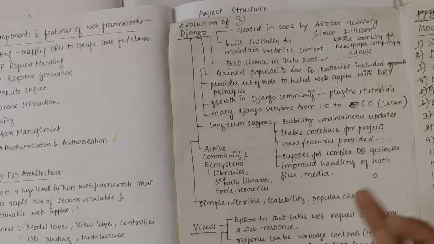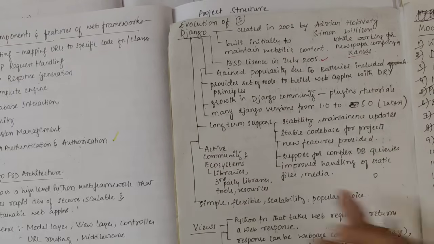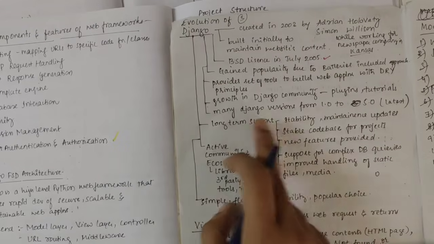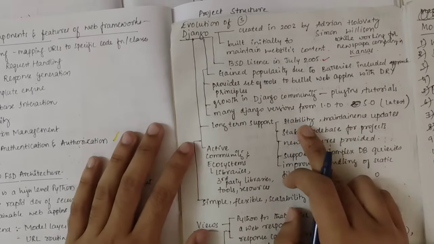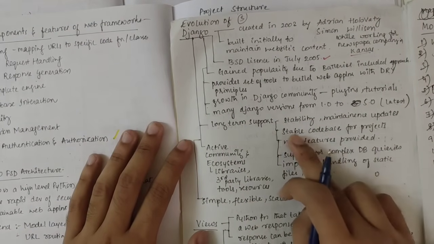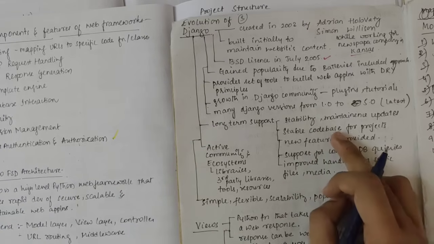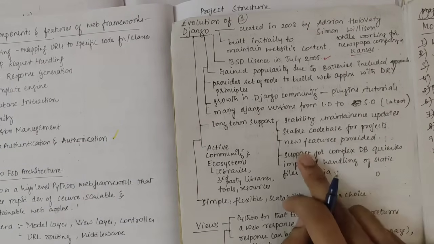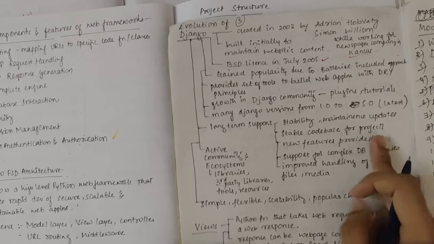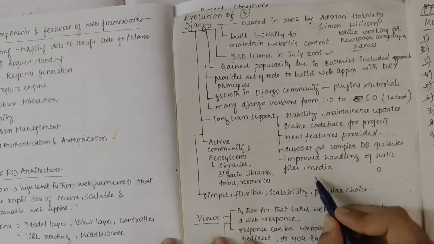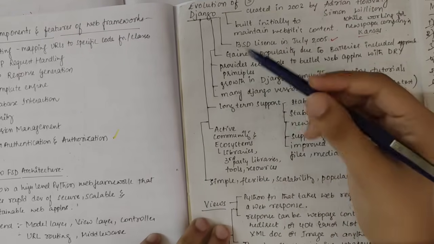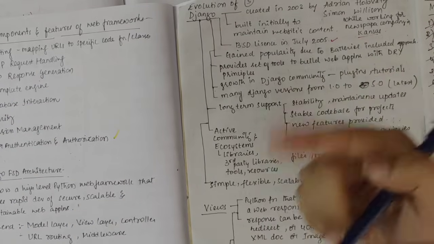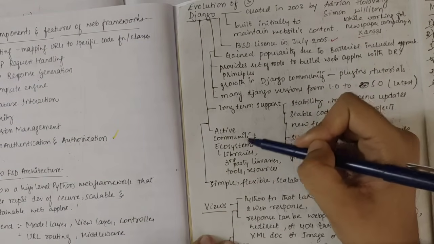Many Django versions were released, from 1.0 to 5.0. It provides long-term support, that is, stability and maintenance updates. It has a stable code base for projects. New features are provided on a regular basis. It supports complex database queries and improved handling of static files and media. Along with this, as Django is evolving, it has an active community and ecosystem.